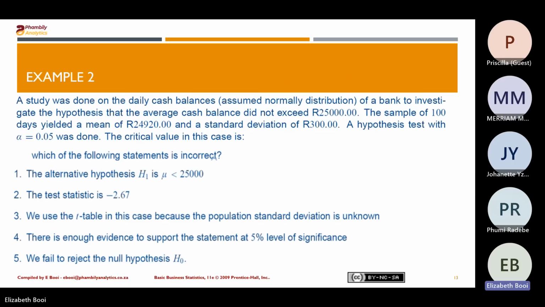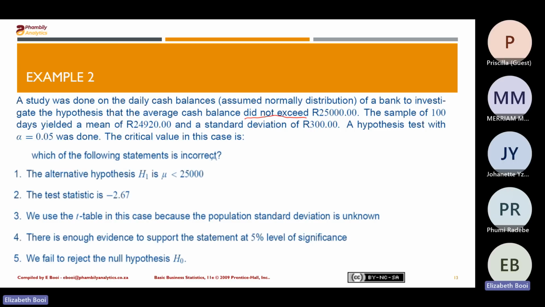A study was done on the daily cash balances of a bank to investigate the hypothesis that the average cash balance did not exceed 25,000.